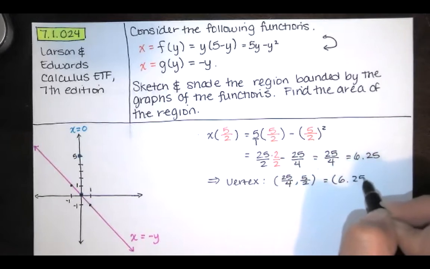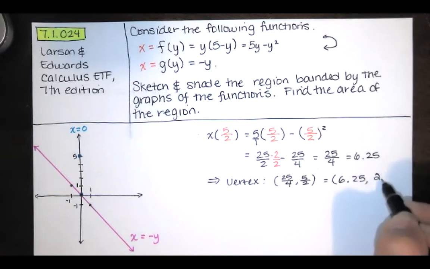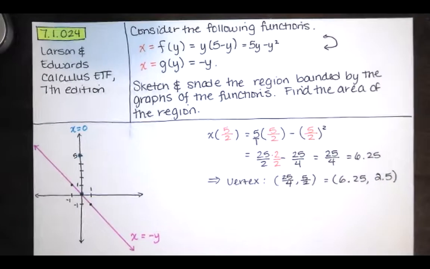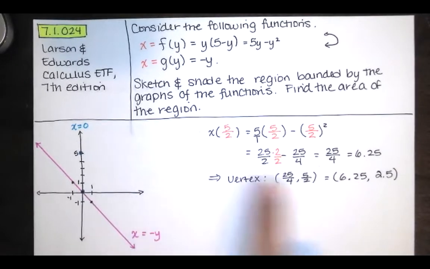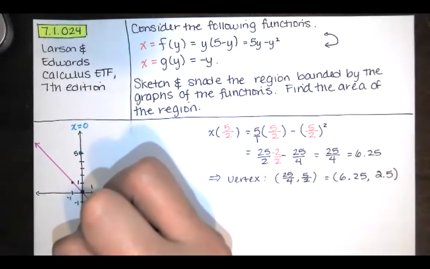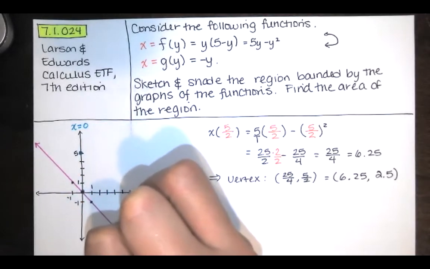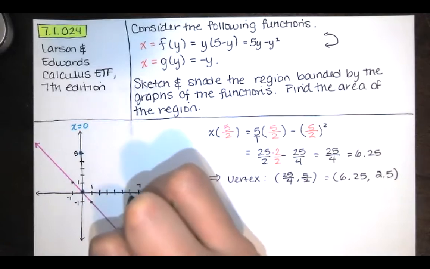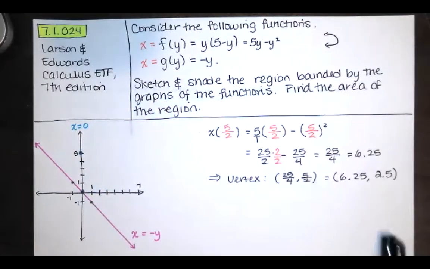or if you prefer decimals, and I do prefer decimals when I'm thinking of graphing, x is 6.25 and y is 2.5. Okay, so I want to go 6.25 units in the x direction and 2.5 units in the y direction. So there's x equals 7, y equals 2.5 is right here.